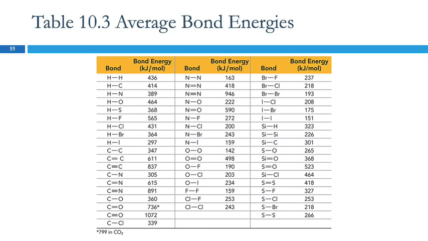We had carbon-oxygen bonds in CO2. Those were 799. And then I also need a carbon-oxygen single bond, 360.